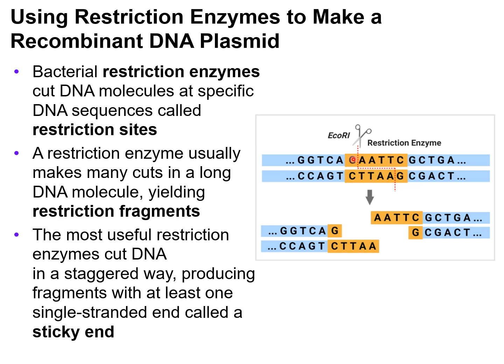It cuts it in an overlapping tongue, if you will, like a tongue and groove kind of setup. These ends will want to recombine. Why? Because they have complementary DNA sequence. So they will occasionally recombine on their own, and we call that staggered cut, those sticky ends.